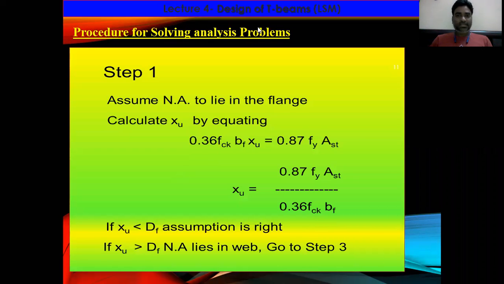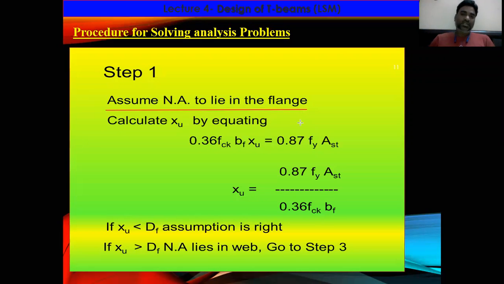So first step is to assume, because see here, you need to determine the moment of resistance. To determine the moment of resistance, you need to know the depth of neutral axis. So here, the depth of neutral axis is classified into two types.